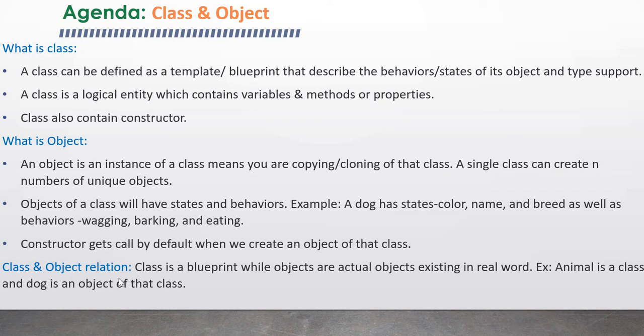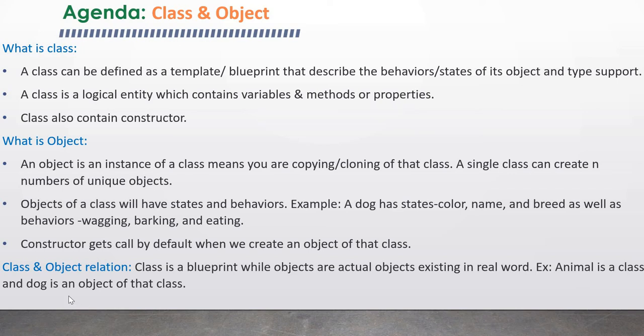Now the relationship between class and object: the class is a blueprint as we know, while objects are actual objects. They exist in the real world. For example, animal is a class and dog is an object of that class. Animal is a logical thing, something you can't see, right? But a dog you can see.